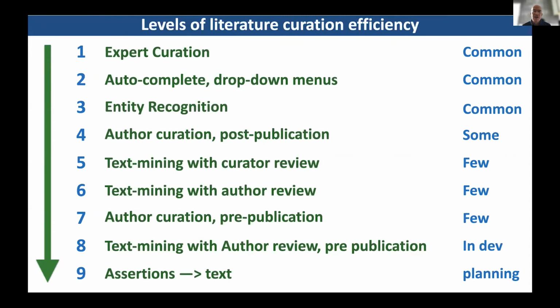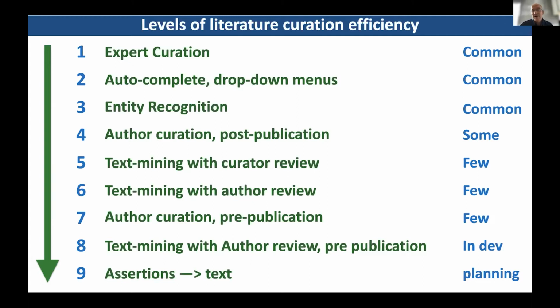Okay, so the way I look at it is that there are levels of literature curation efficiency. Initially, 20, 30 years ago, there was expert curation, and that's very common, except if it's all text mining based.